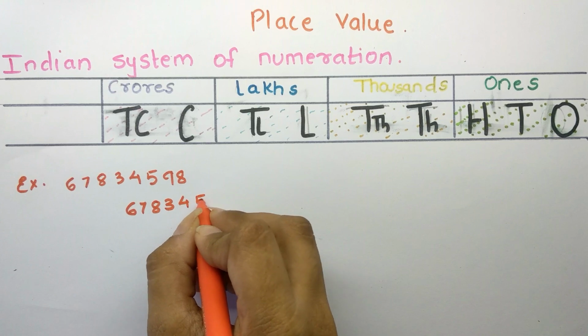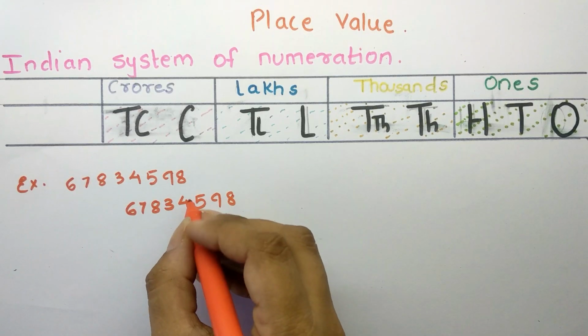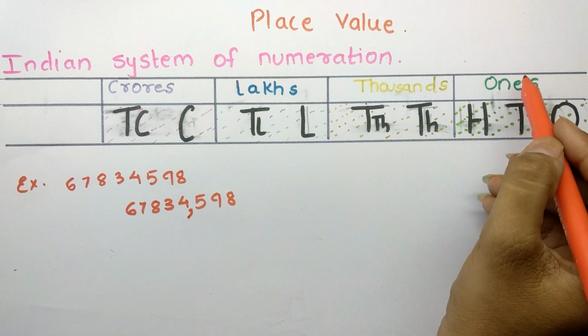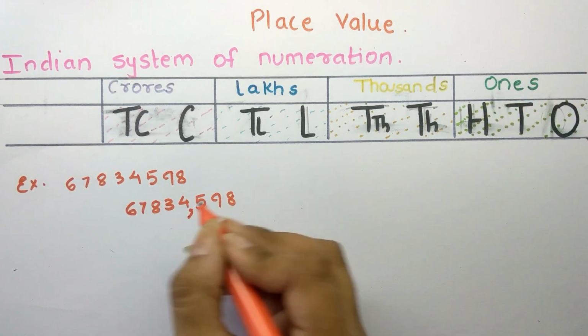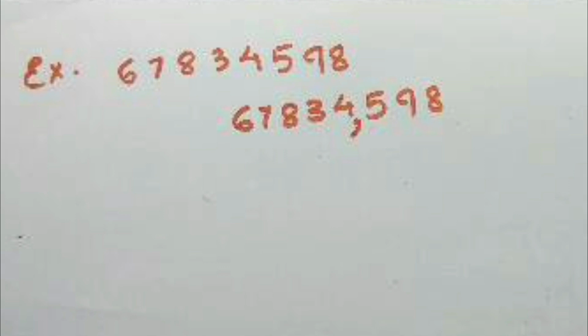So, according to the Indian system of numeration, my first comma or my first period should be after 3 digits. That is after ones, tens, hundreds. That is the third digit. So my first comma should be after 3 digits.